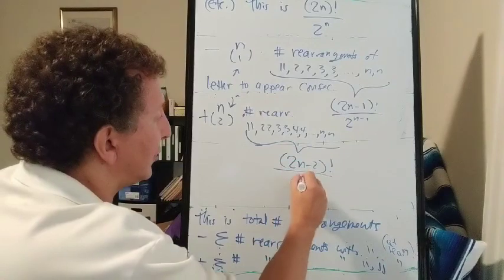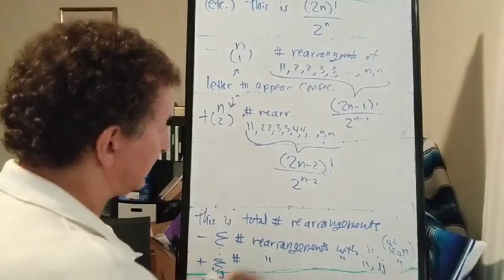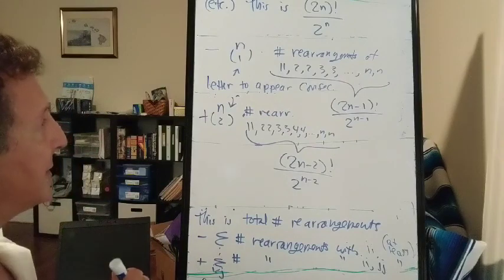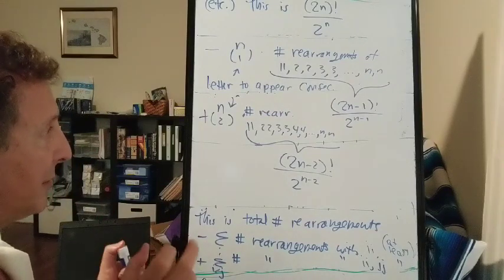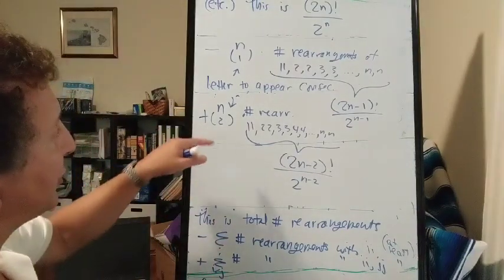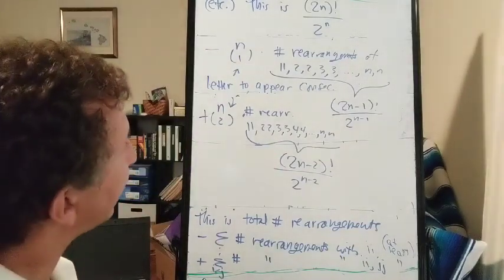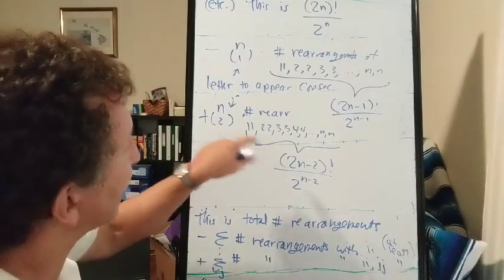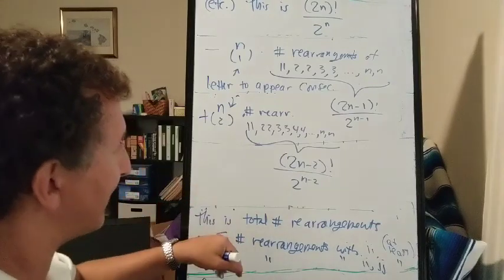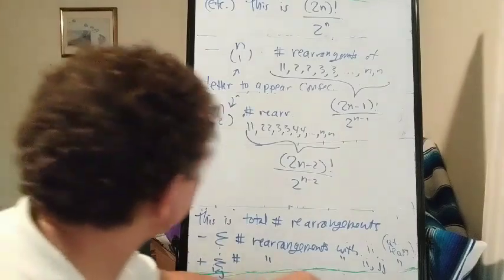So that's 2 to the n minus 2. And then we can see that if we're thinking that p letters are going to appear consecutively, the two of them, then we'll have n choose p ways to figure out which p letters are appearing in the pairs, and then we'll have 2n minus p letters here to permute, and then 2 to the n minus p correction factor for all of the pairs of letters that are still separate that could be swapped.